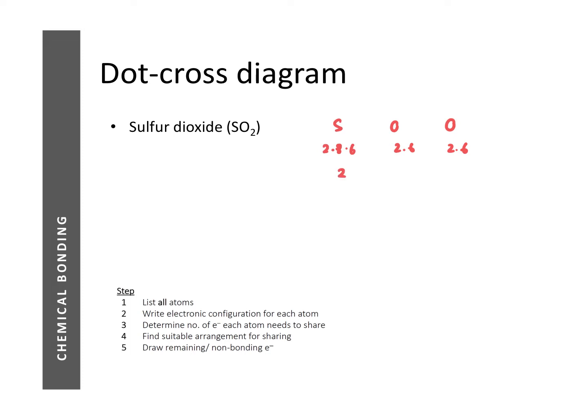So in this case, sulfur needs to share 2, oxygen needs to share 2 for each oxygen atom. Now if we look at the sharing requirements, we find that there's no way in which we can find a suitable arrangement for sharing. So from this example, we see that the sequence that we have learned no longer serves us. So in the A-level syllabus, when we are drawing dot and cross diagrams for covalent compounds or covalent molecules, we have to follow a new set of steps.